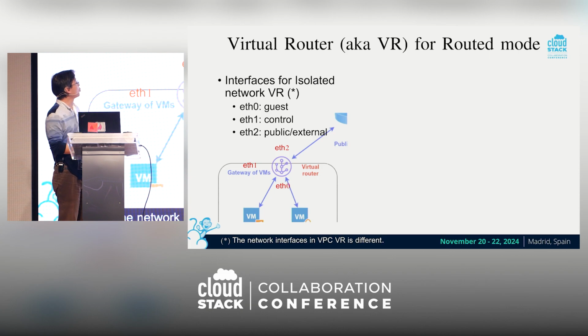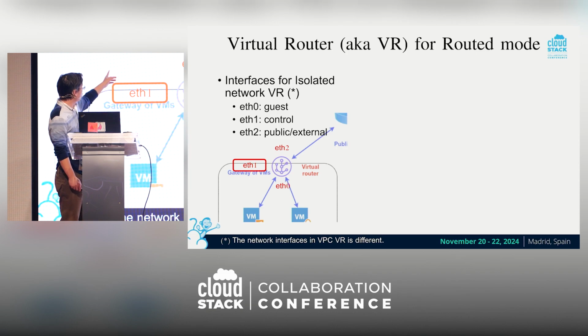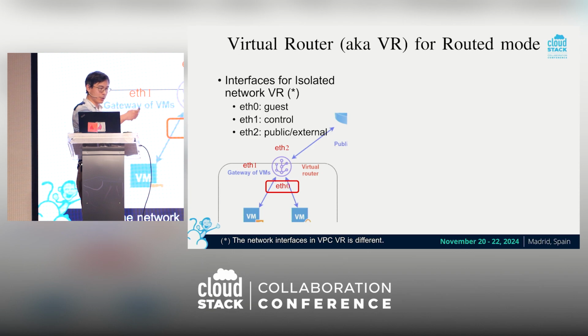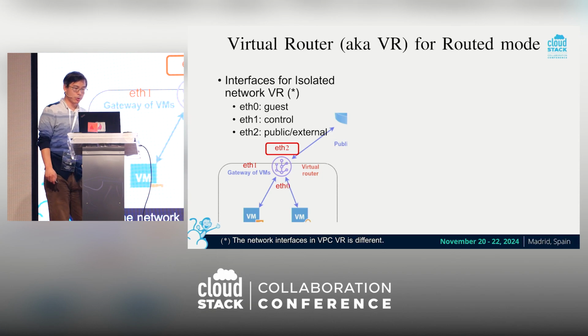First, the virtual router needs to connect to all the VMs and the public network. In the VR, there are 3 NICs for the routed networks: ETH1, which is the control network, ETH0, which is the guest network, and ETH2, which is connected to the public upstream router.